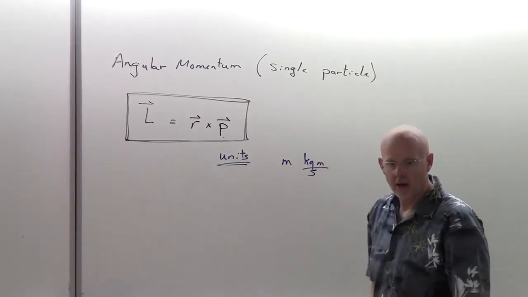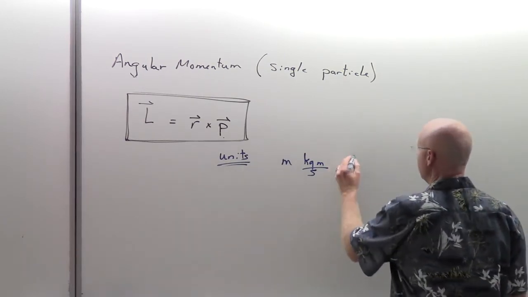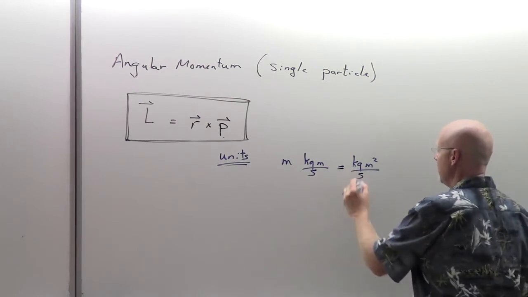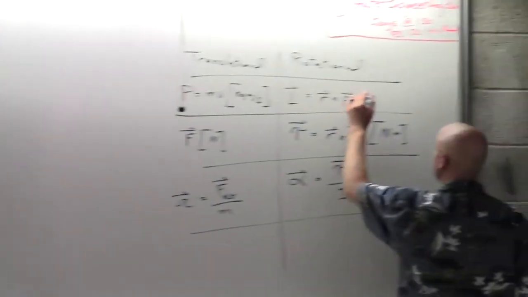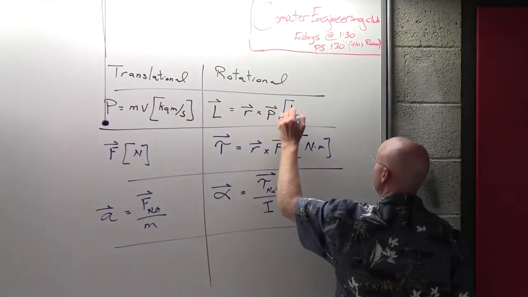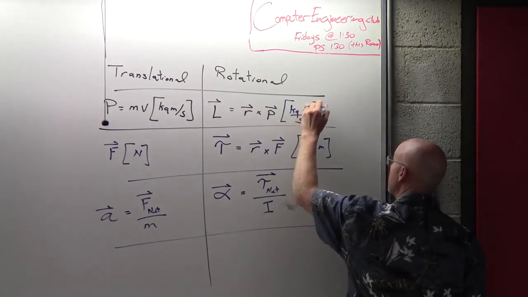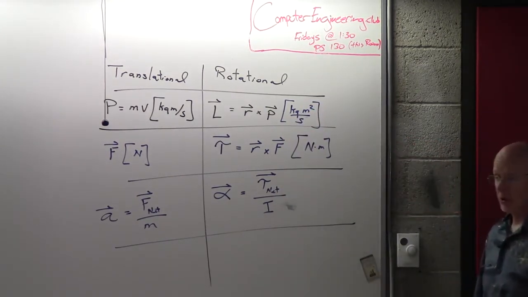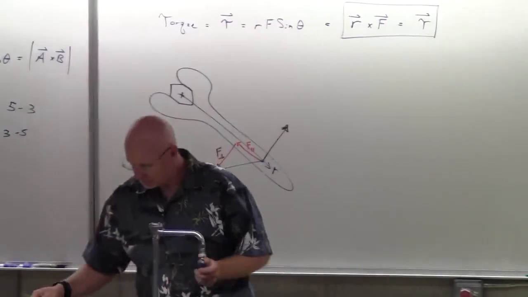Well, that's our kilogram and meters per second. So when we put those two together, we get kilogram meters squared over seconds. And so coming over here in my little chart, I can put kilogram meters squared over second. And so that, as I said, is going to be a very useful definition.